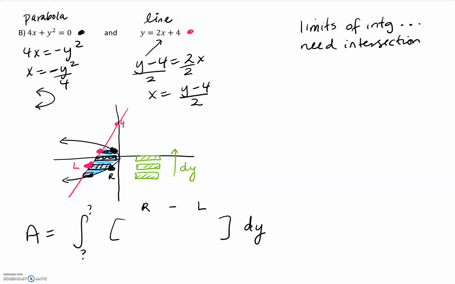My right is always my parabola, so it's negative y squared over 4, my parabola right here, where the x is isolated. My left edge of the graph is always red, which is the line. Make sure you put it in terms of y because you're doing a dy problem.